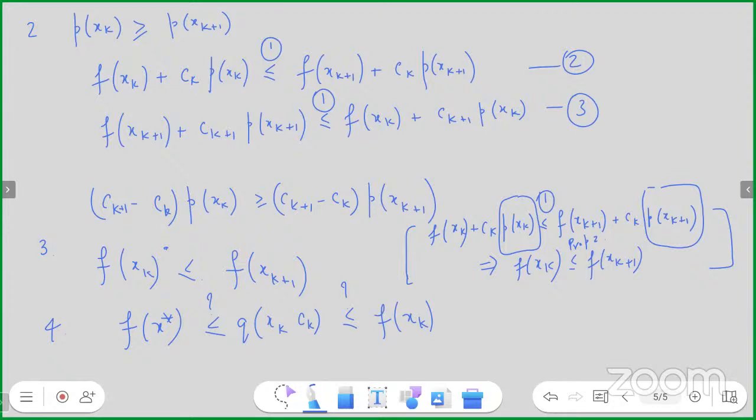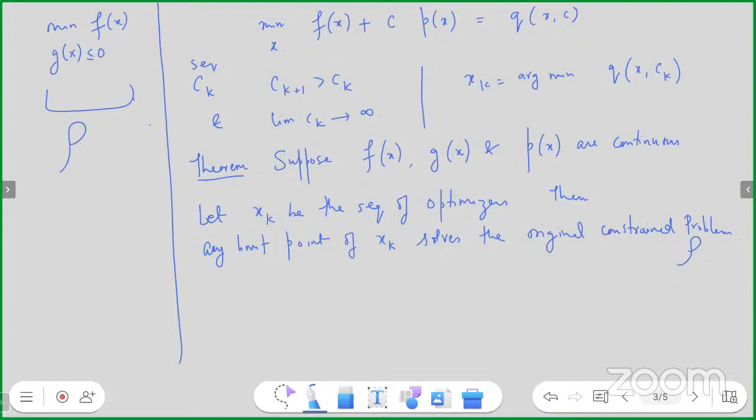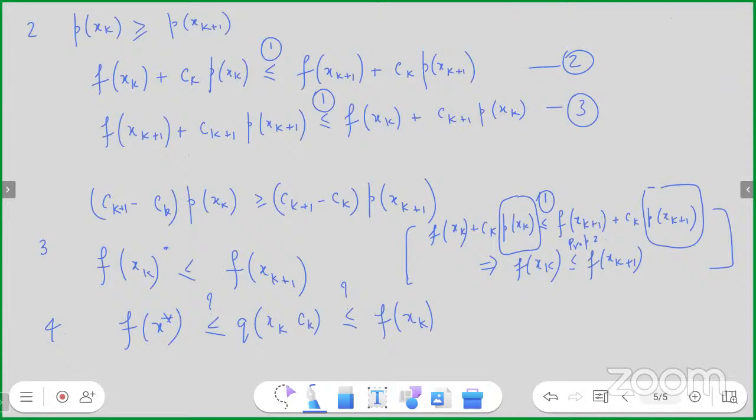X star is the minimizer of the original problem, the constraint set script T. If we put any point except x star, naturally it will be higher than the minimizer.